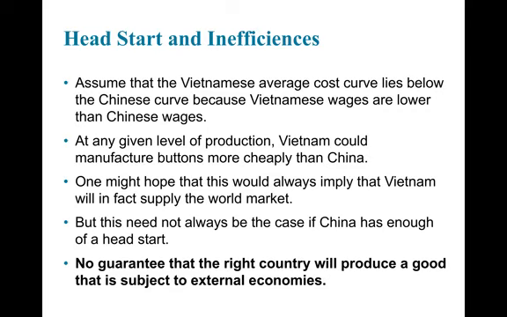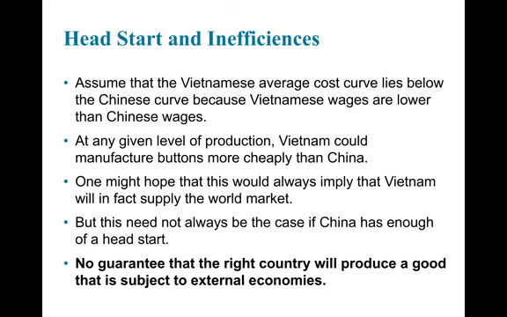So at any given level of production, Vietnam could manufacture buttons more cheaply than China. One might hope that this would always imply that Vietnam will in fact supply the world market. But the point is, this might not be the case if China has enough of a head start.